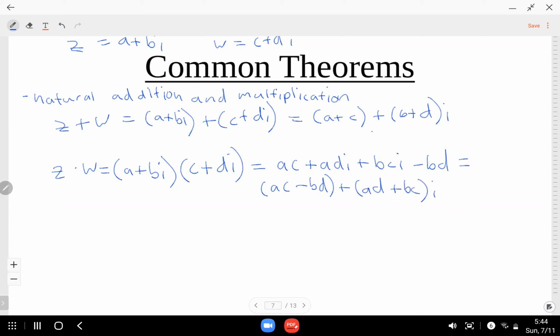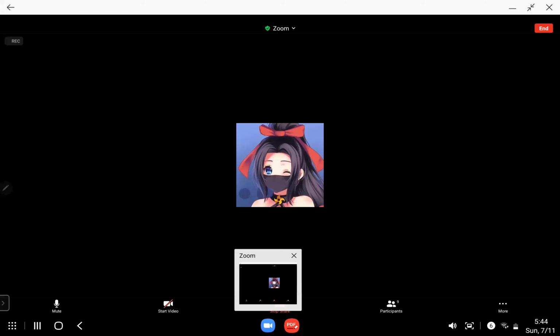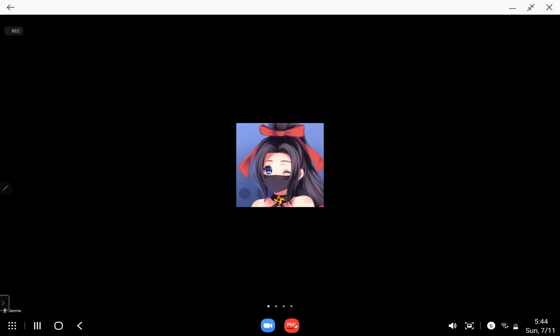So those are the natural addition and multiplication. Whenever you have something like this coming up, you can just use the simplified form, because it's kind of hard when you have complex numbers and you're trying to multiply it all out. Any questions so far? I'll wait for questions.